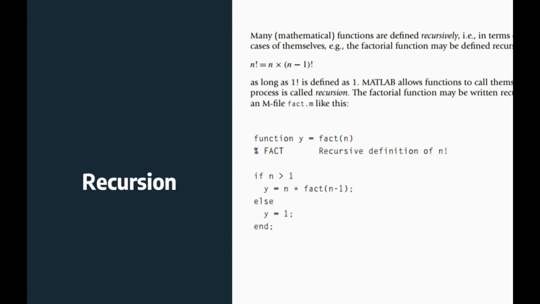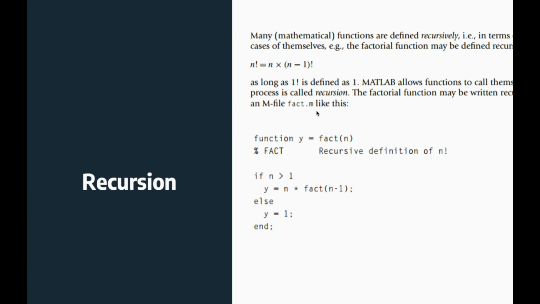The general form of factorial is the exclamation mark. When you have 5 with exclamation, that means factorial of 5, or factorial of n. In mathematics, the general form equals n times (n minus 1) factorial. As long as 1 factorial is defined as 1, MATLAB will let the function call itself. And this process is called recursion.